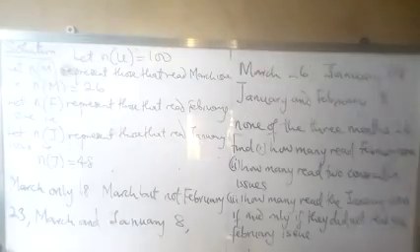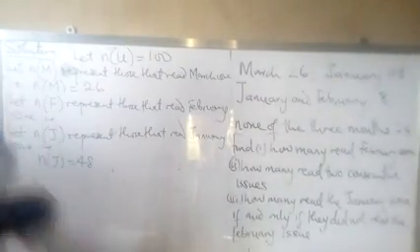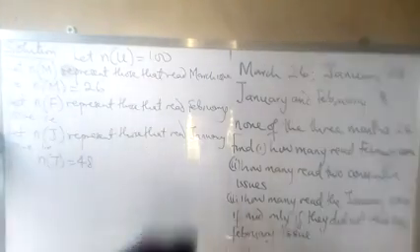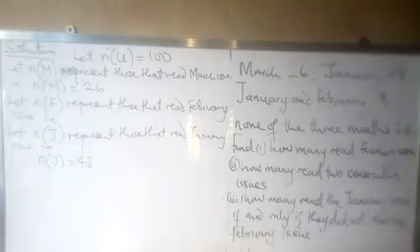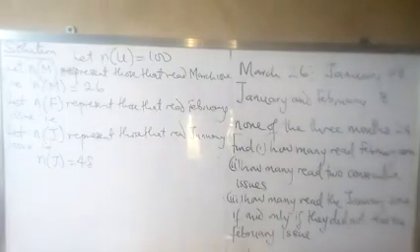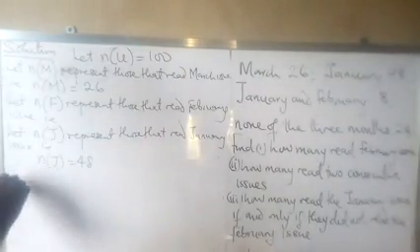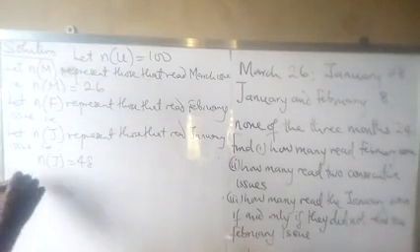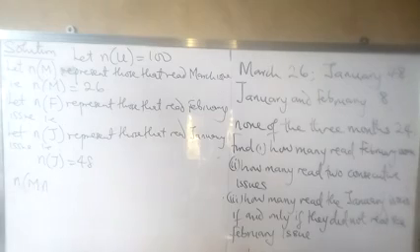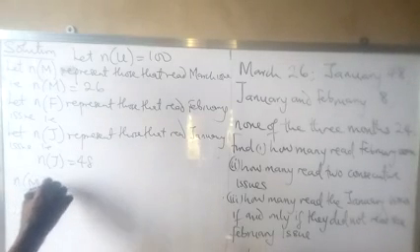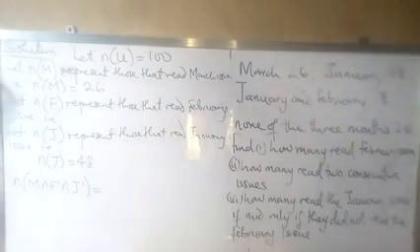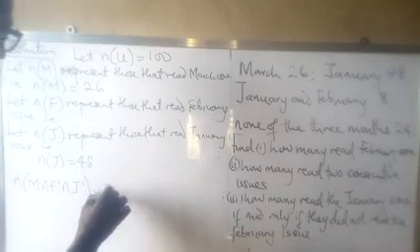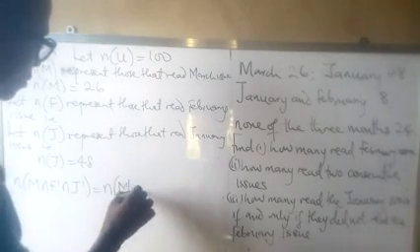So let's make the other possible combinations according to the given question in terms of intersections and complements. We're told that those that read the March issue only will be March intersection February prime intersection January prime, because it's March only. This is the number of March only.